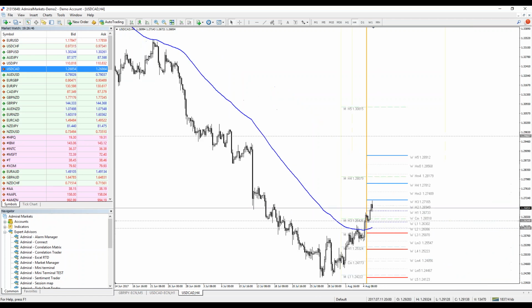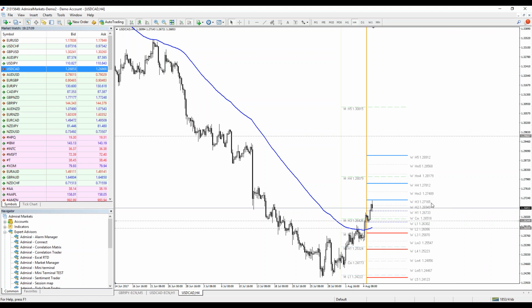26.20 is the level to go long, while 27.30 is the level to go short, because price has already started to reject from weekly H3 at 27.16, 17. It could go more to the upside, hitting 27.30.